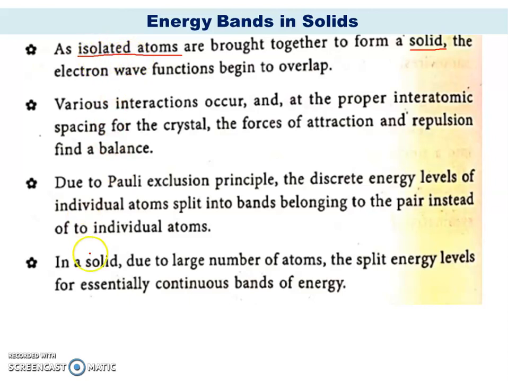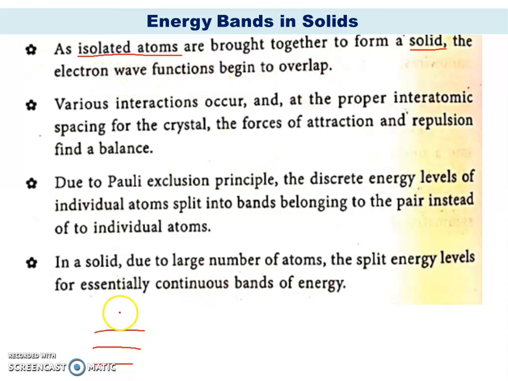If you consider any isolated atom, the electrons are situated in energy levels, 1s, 2s, 2p, etc. If you bring a group of atoms together to form a solid, the electron wave functions begin to overlap.